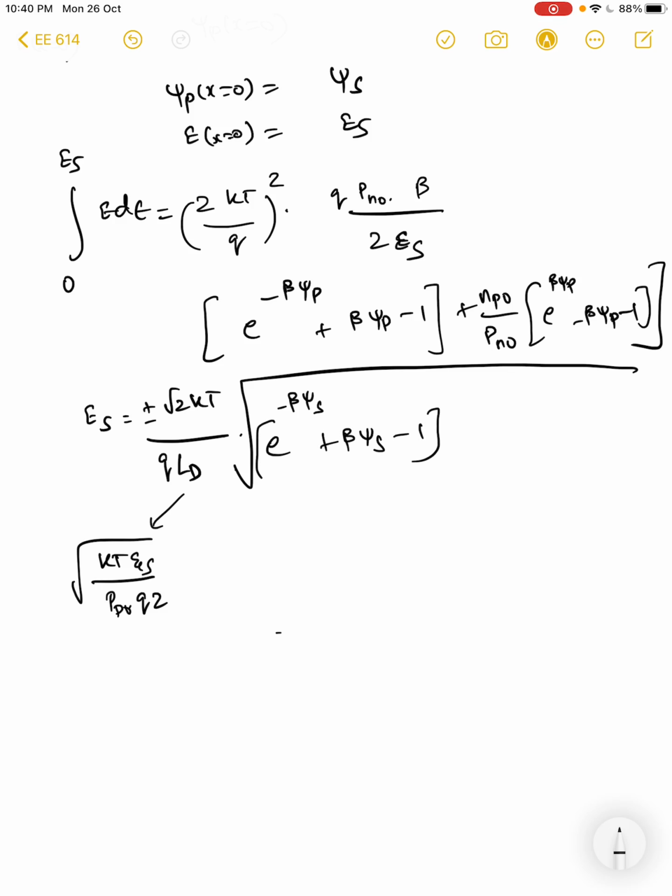This determines the electric field and the charge at the surface, and this is something which will be used again and again in a MOSFET, in many of the things that we will see in this course and elsewhere as well.